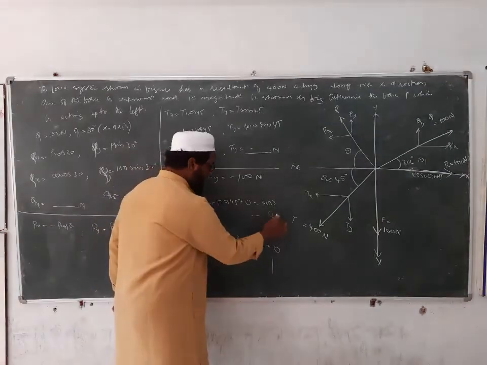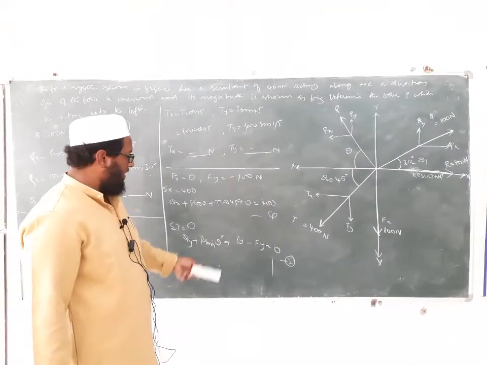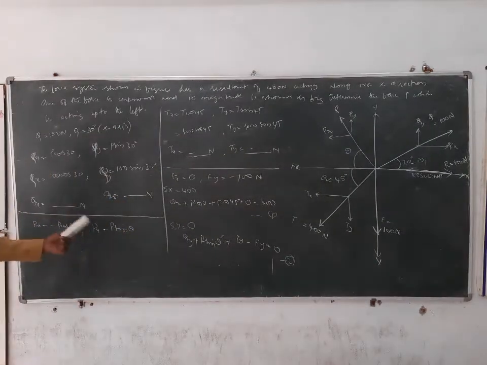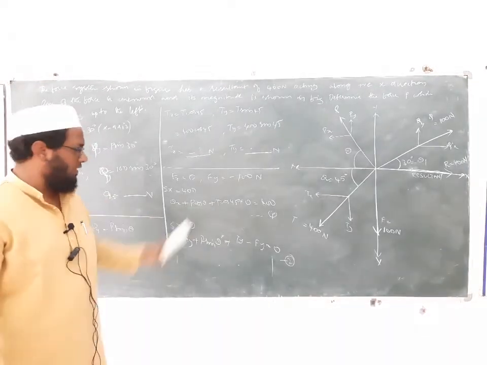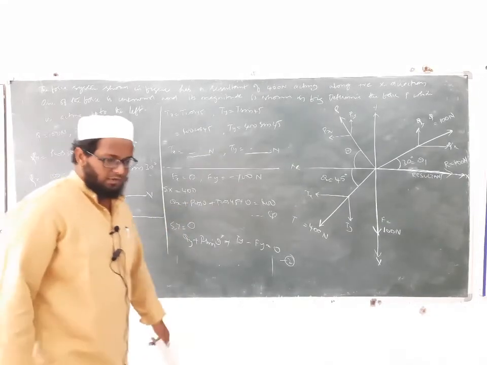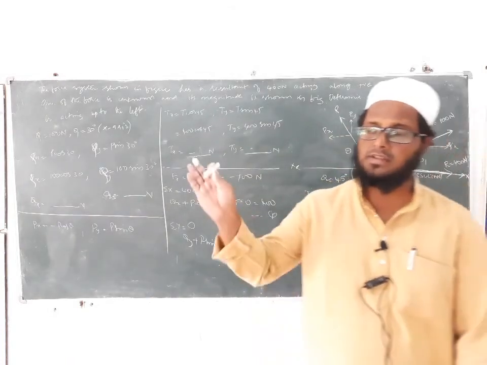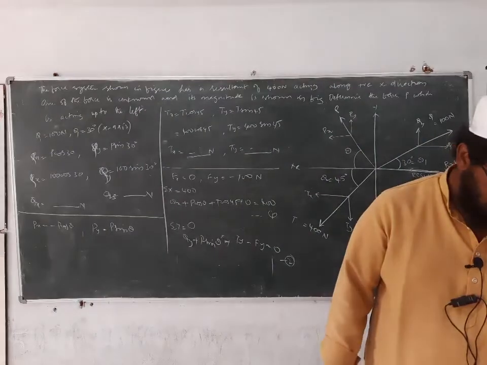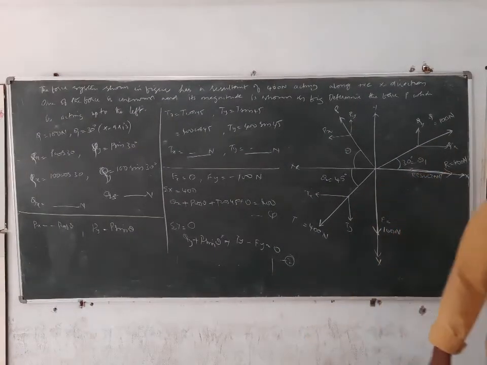So equation number 1 and equation number 2: divide equation 2 by equation 1 and you will get the value of theta. Substitute the value of theta in any of the formulas and you will get the value of P. This is how we calculate our unknown forces with the help of the resultant, when the resultant is going in exactly horizontal or vertical direction. Alright, after this we have one more problem, so you can copy down this one so that we can go for that.